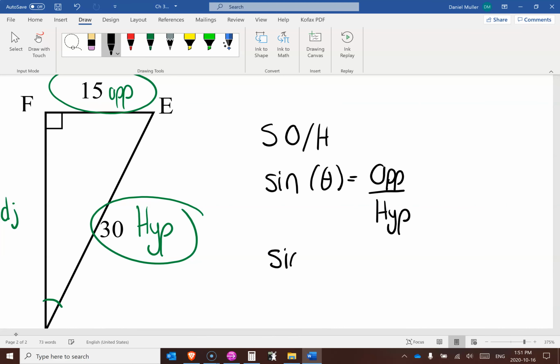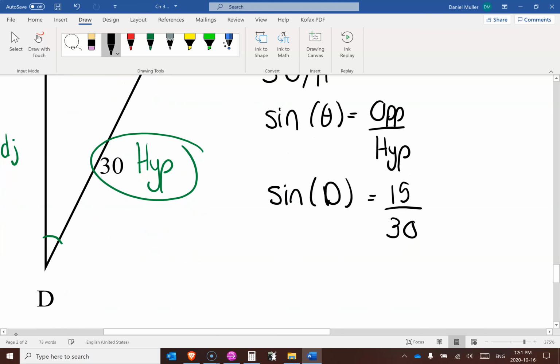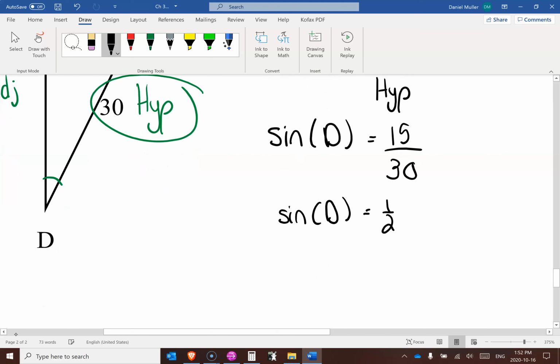Now the angle I don't know, that's the whole point, it's D. I'm trying to find this unknown angle, but I do know the opposite. The opposite is 15, and the hypotenuse is 30. And so sine of D, 15 over 30, that's just a half, or you can have 0.5.